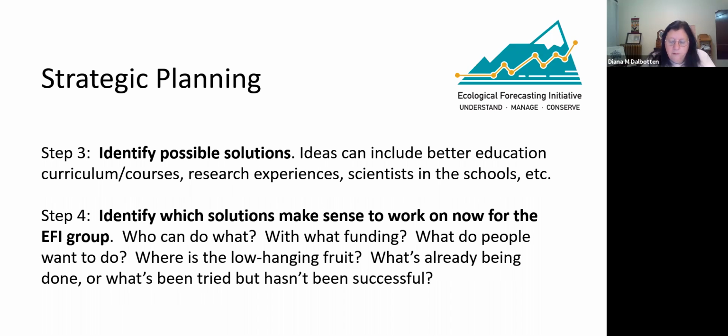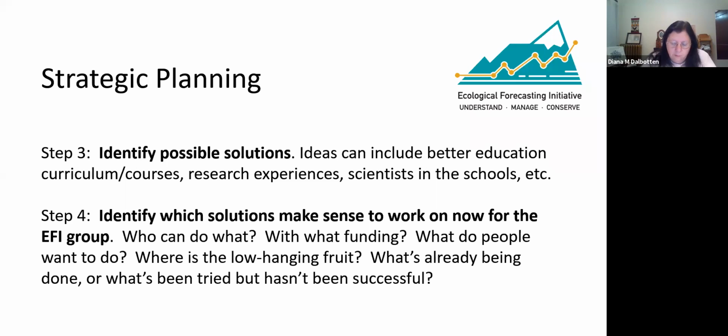As we move forward, we're working to identify possible solutions, and not just general solutions such as creating better curriculum or providing research experiences or getting scientists into the schools and all the other great ways that people work to support diversity. We're also looking to identify solutions that particularly work for the forecasting community.